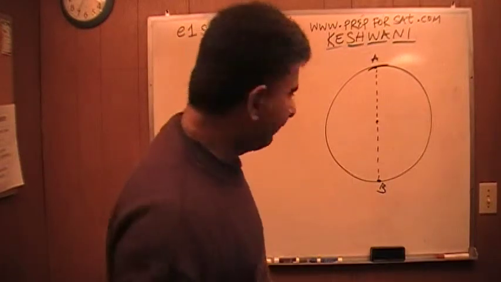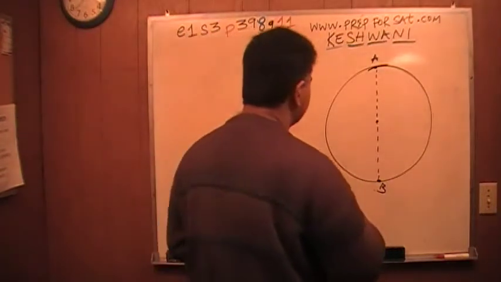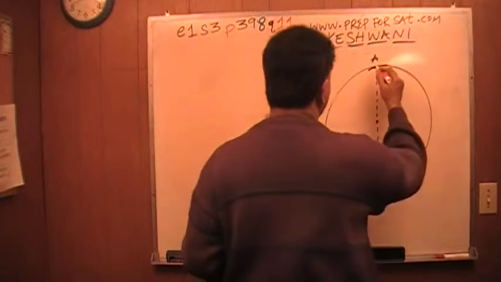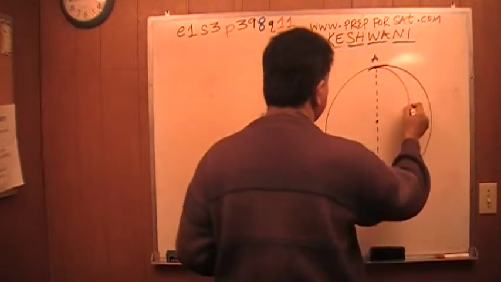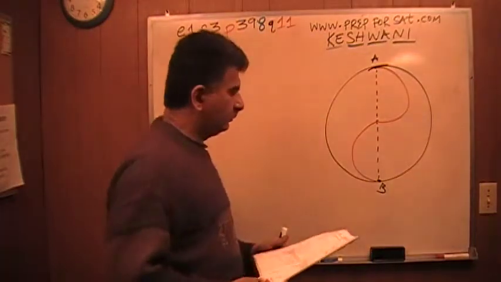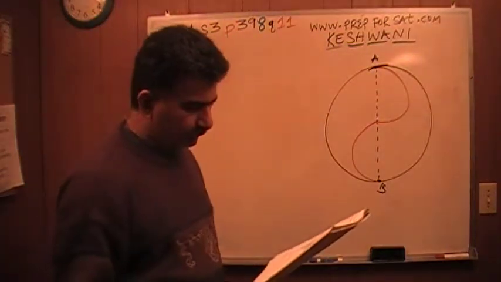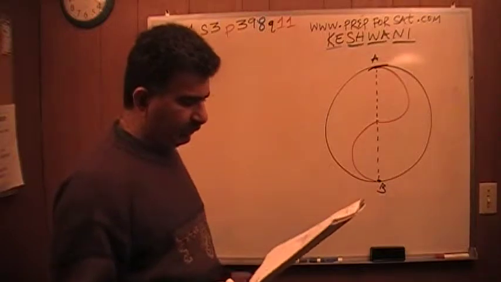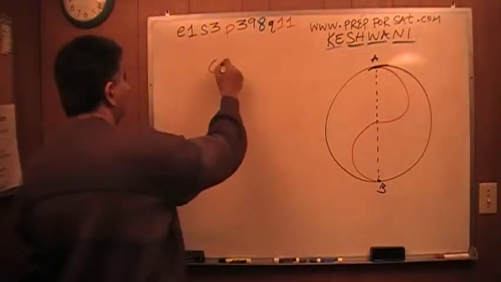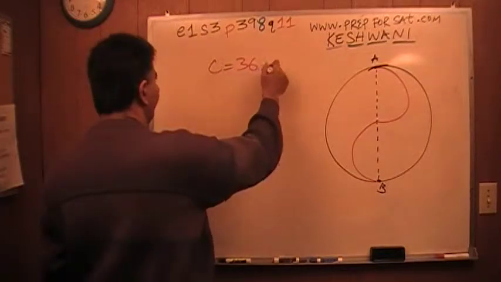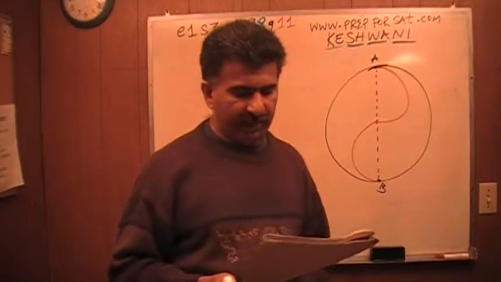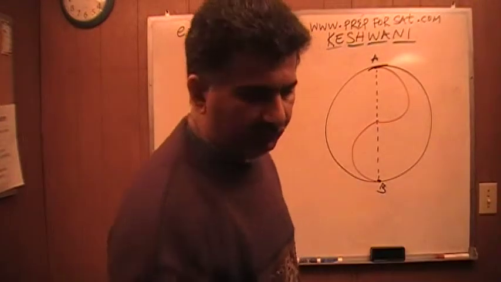So let's draw the two semicircles. If the circumference of the circle is 36 pi, so we're told the circumference of this big circle is 36 pi. Question is, what is the length of the path from A to B?